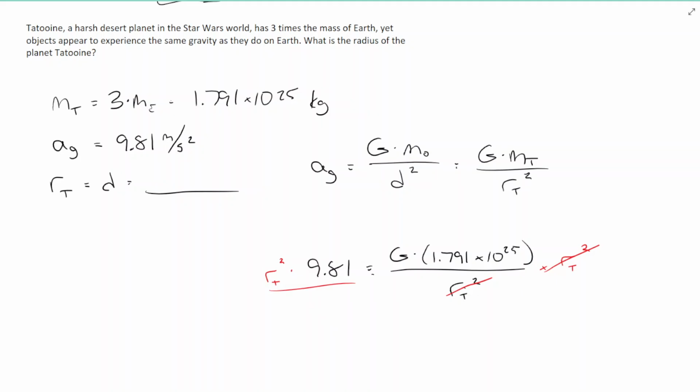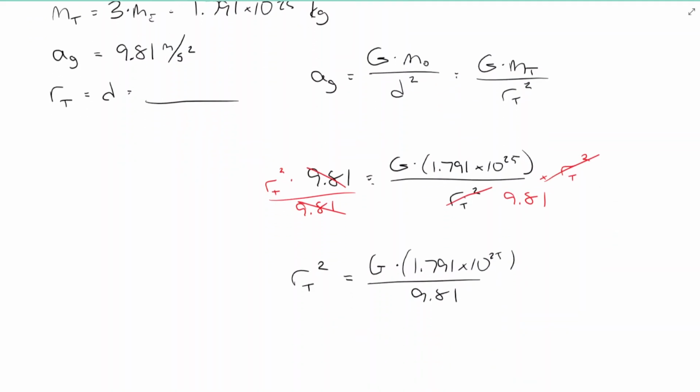So in the same step, I'm going to divide the whole problem by 9.81. And now I have that the radius of Tatooine squared is equal to big G times the mass of Tatooine, which is 1.791 times 10 to the 25, all divided by 9.81, the acceleration due to gravity on Earth.